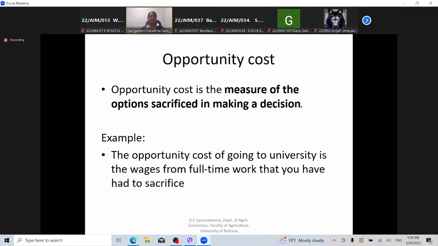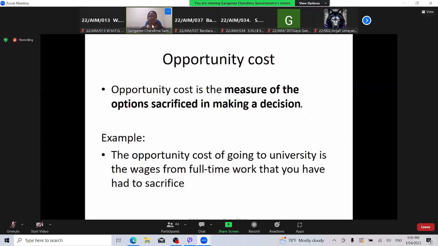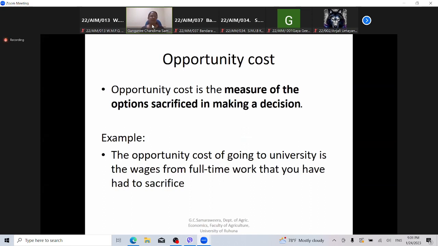For example, the opportunity cost of going to university is the wages from full-time work that you have had to sacrifice. Let's say you are a university student, and you also have the opportunity to do full-time work. If you selected going to university, then your foregone cost is that if you didn't go to university, you would have worked as a full-time laborer.